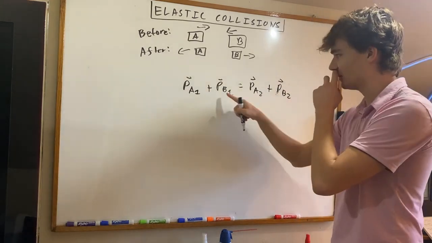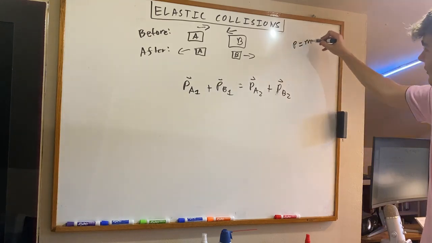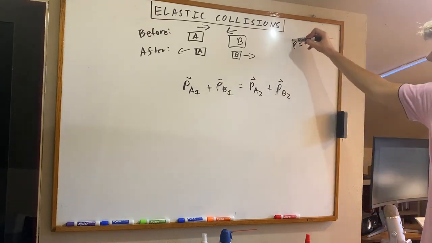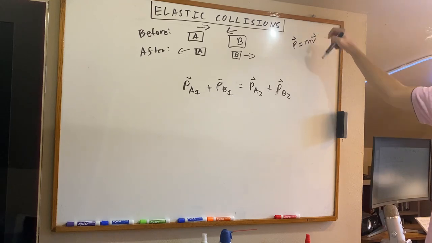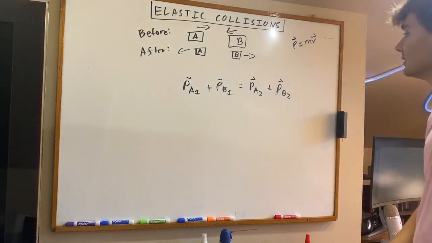And notice these are momentum. Momentum is equal to mass times velocity. And momentum is a vector because velocity is a vector. So if velocity is negative, then momentum is going to be negative.